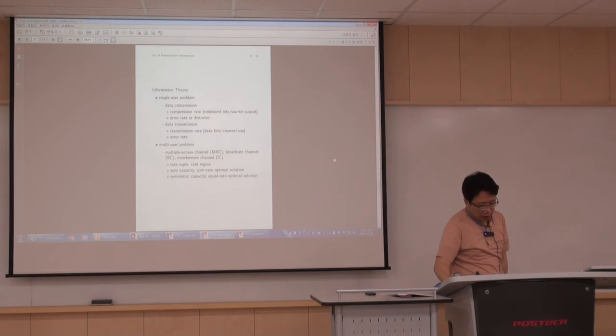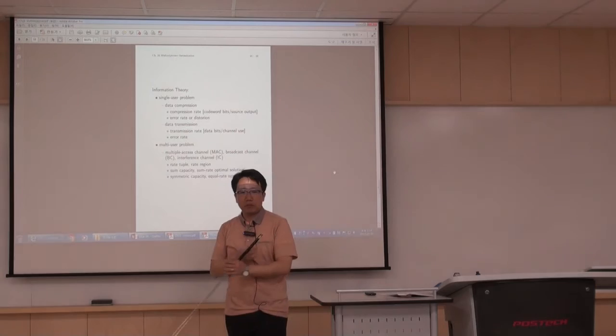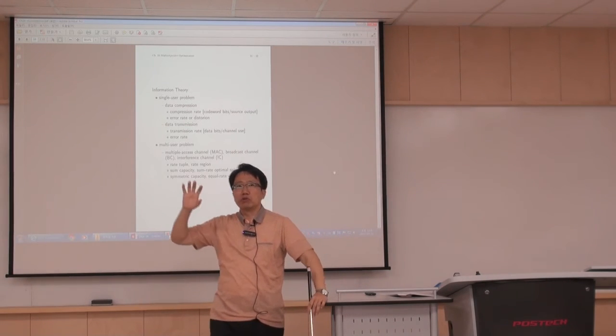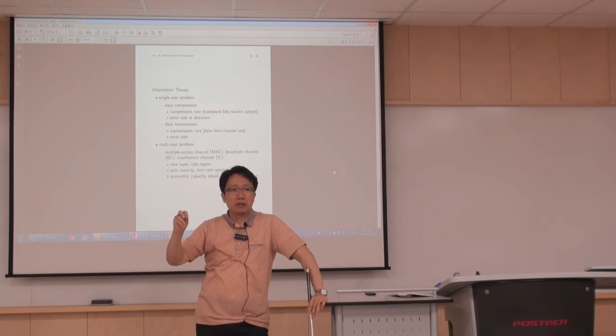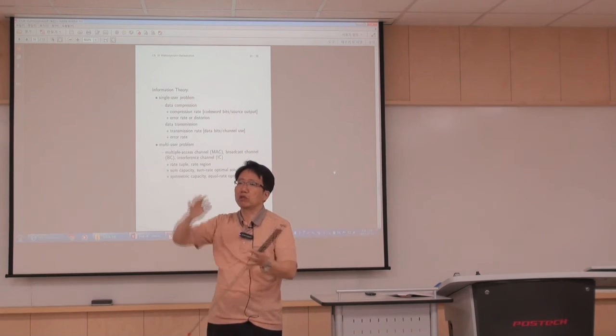And also, in information theory, you see multi-criterion problems. For example, suppose you want to compress the output of a source. Then what are the competing performance metrics? One, compression rate. You want to compress a lot.